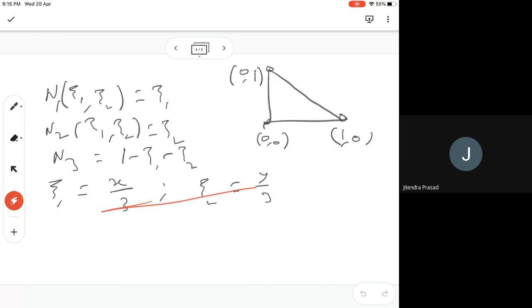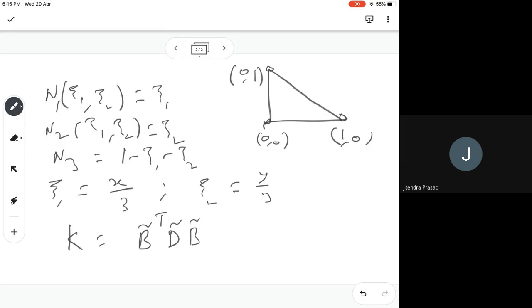Accordingly you can find out the stiffness matrix. We know that finally K is given by B transpose D B, and then multiplied by the area.